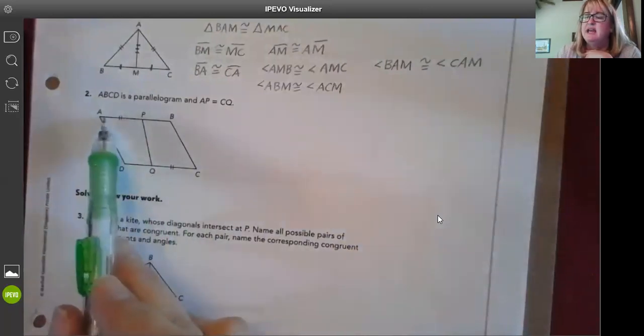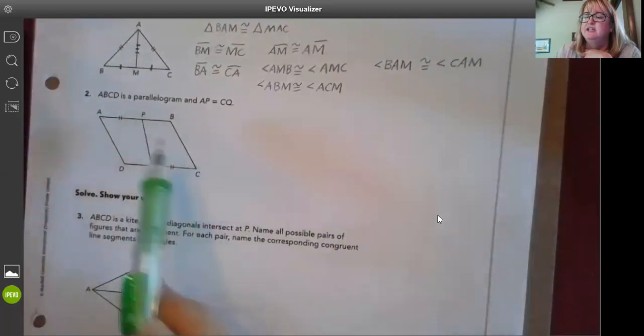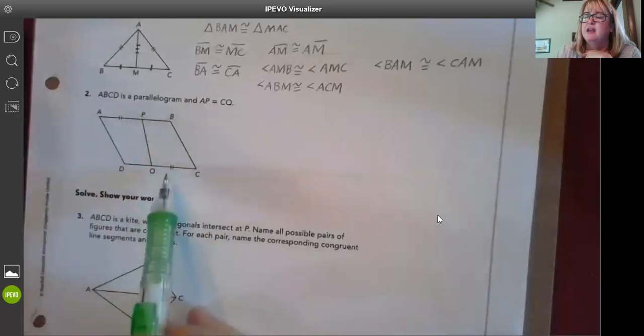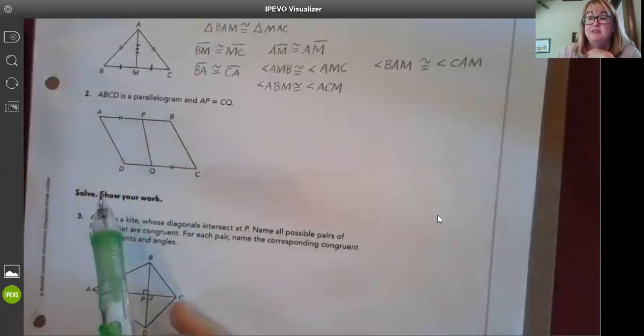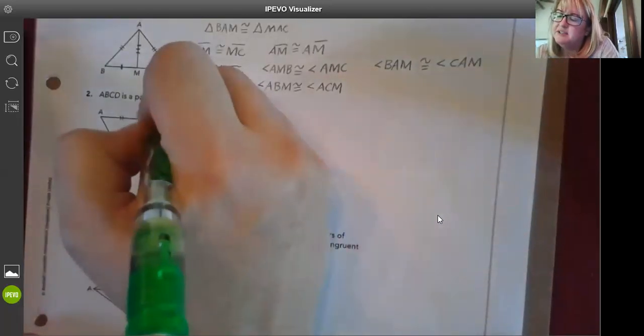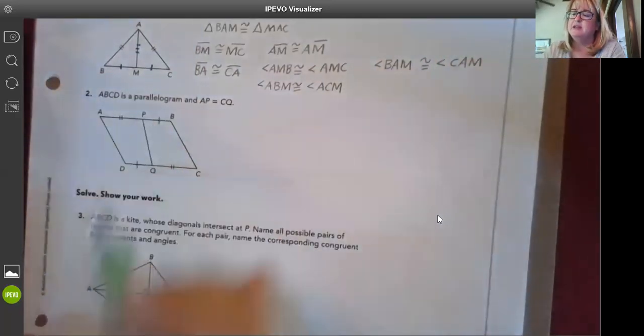So that means AB is the same length as DC. So if this part and this part are the same length, these two little parts have to be the same length, okay? So I'm going to put a single hash mark to indicate these are the same length.